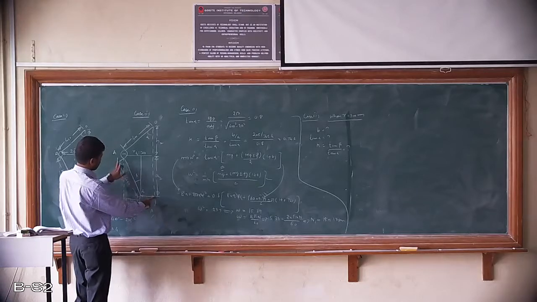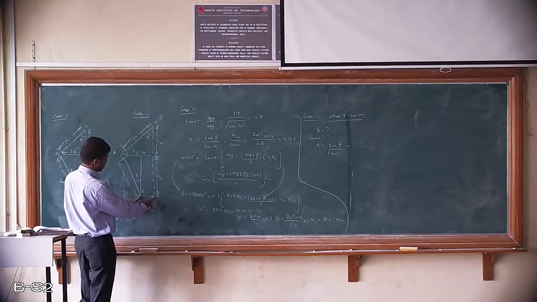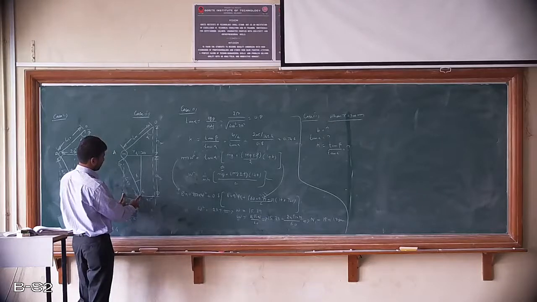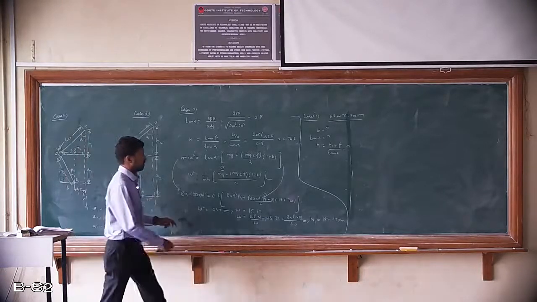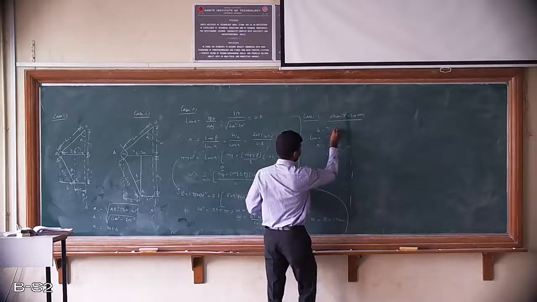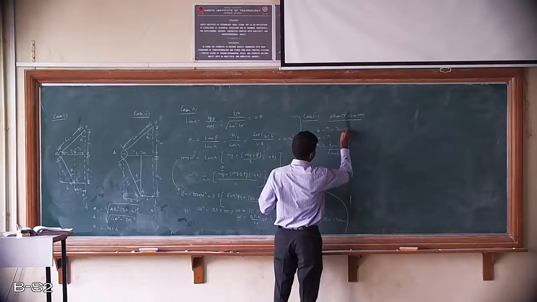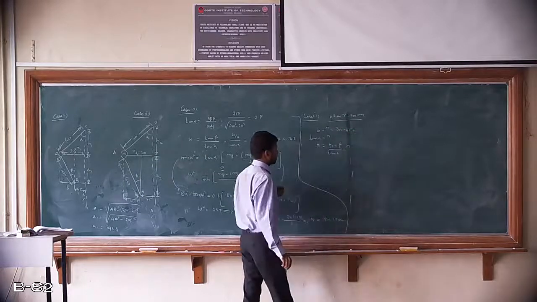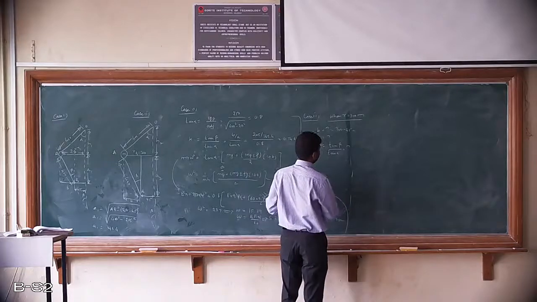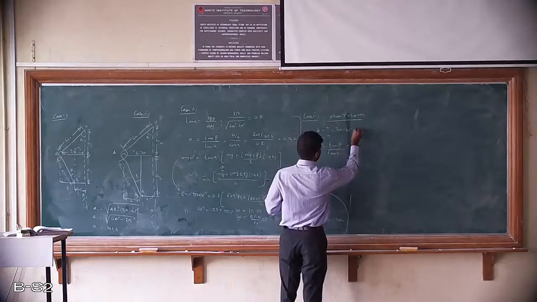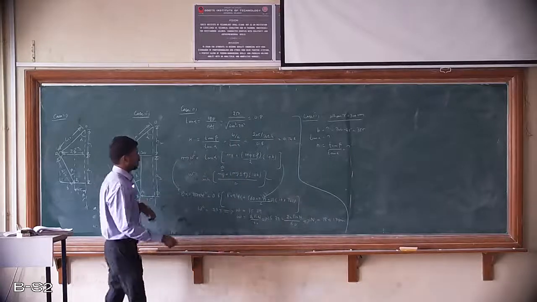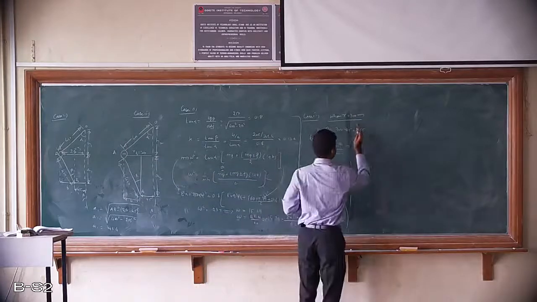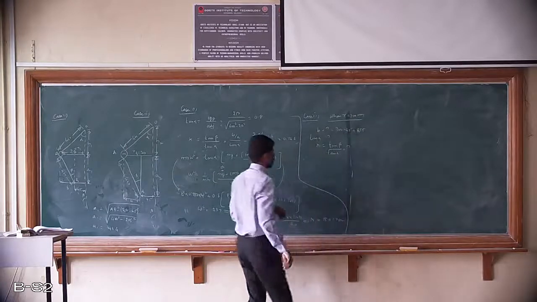Out of that, the lower arm is pivoted at a distance of 45 mm from the axis. So this length minus this length is going to give the value for b. So the value for b is 300 minus 45, that is nothing but 255 mm. That is the value for b.